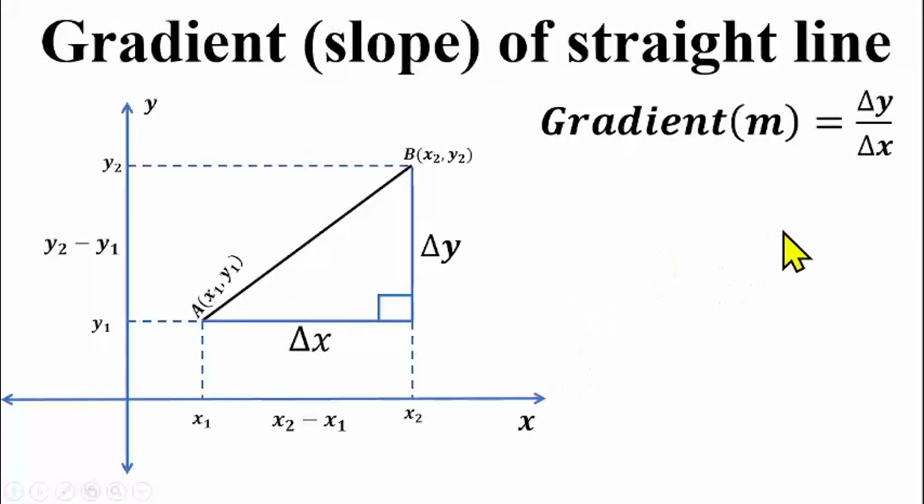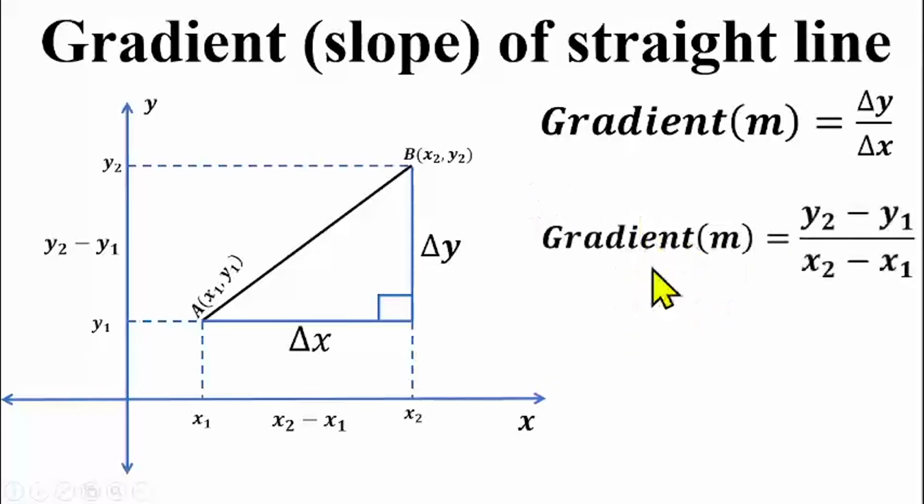And we know that gradient, m, is equal to y2 minus y1 over x2 minus x1. So this is how to find the gradient of a straight line. When we draw the graph of the straight line, form a triangle with the straight line, then calculate the change in y over change in x.